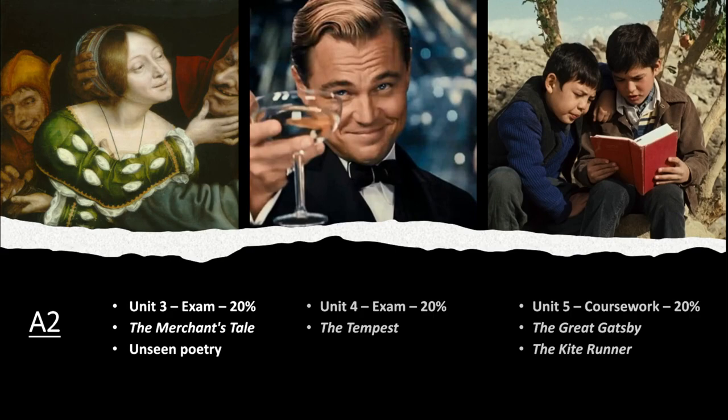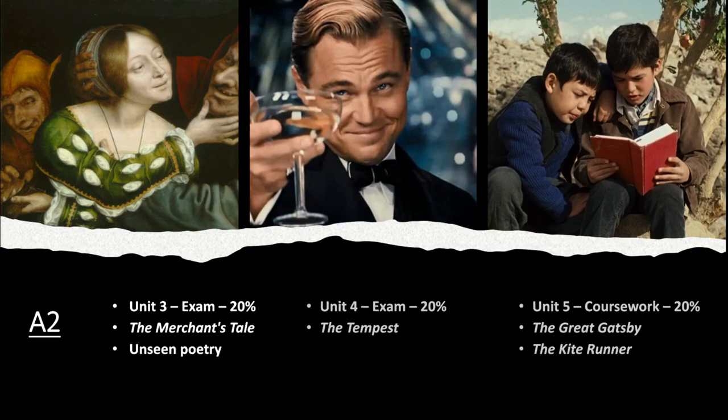Very different play to what you might have experienced at GCSE with Romeo and Juliet or Macbeth. It's about a desert island and a ship that crashes onto this desert island. The ship has the king and the royal family on board, and the island has a wizard, a monster, fairies. It's really funny, really unusual compared to the Shakespeare plays that you probably already studied, and students really enjoy that.